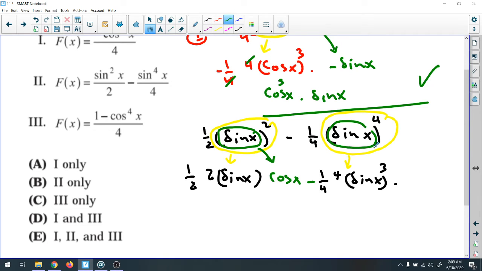The derivative of sine x is cosine x. Now let's simplify. 2 cancels the half, leaving sine x cosine x. Minus, 4 cancels the fourth, leaving sine to the third x times cosine x.